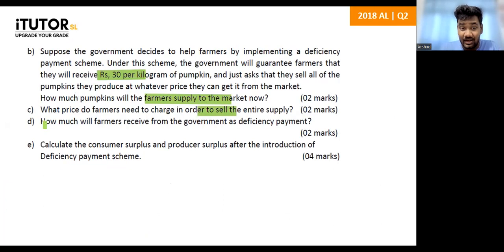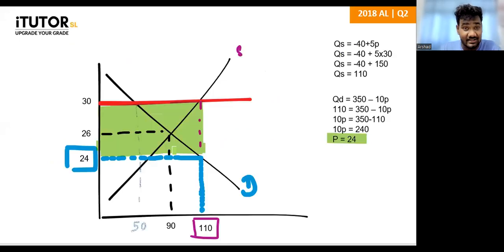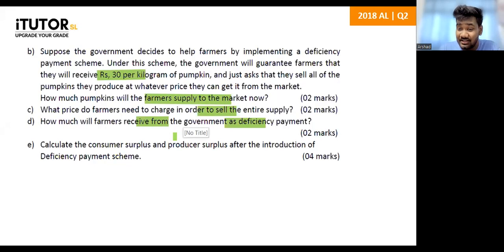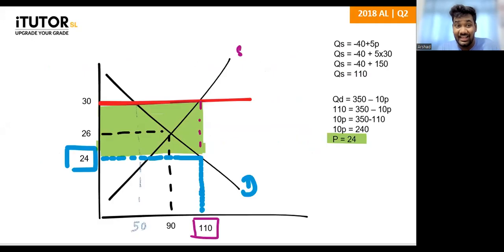Then the next one. How much will the farmers receive from the government as deficiency payment? How much will they receive, guys? As deficiency payment per unit and total. Give both. How much will they receive per unit? Because we are not sure, are they asking per unit or total here? So in your answer, be very careful. That is part D, right?